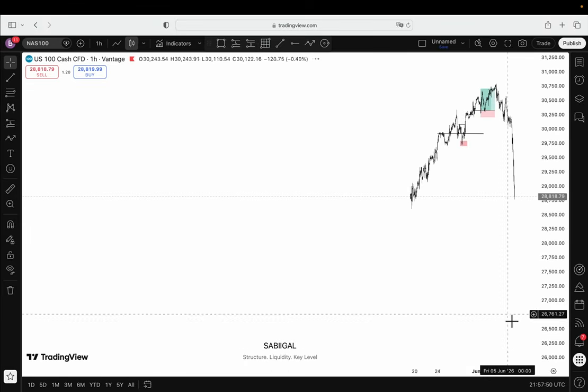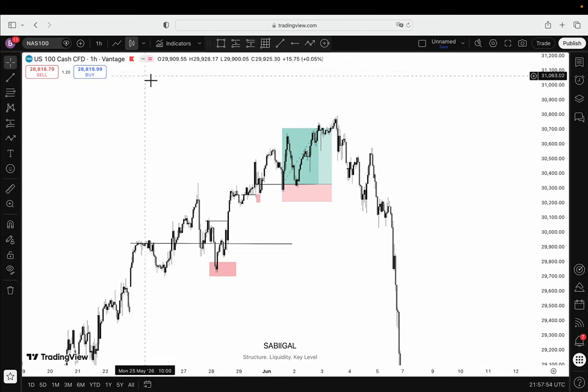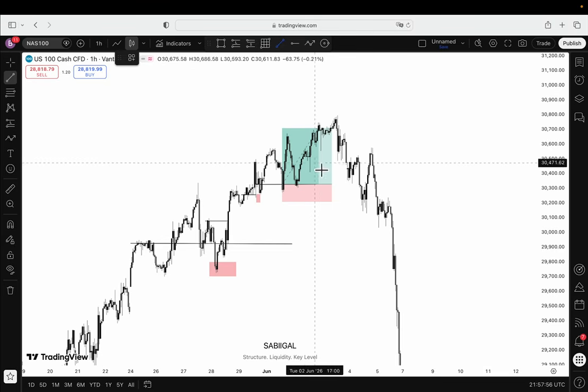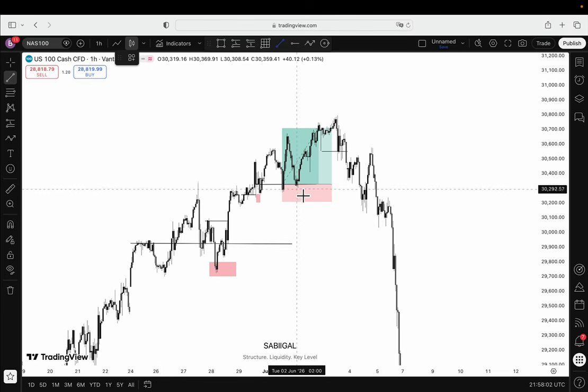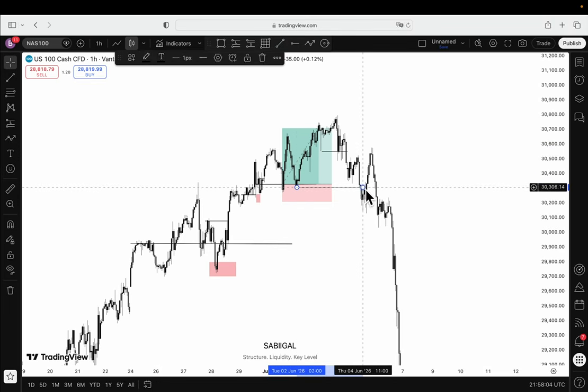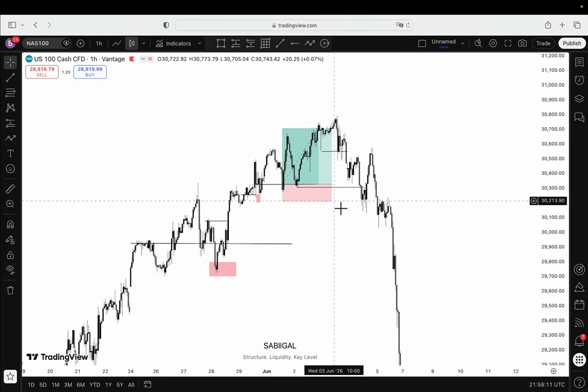I told you when I went to the 1 hour time frame, I realized that this right here is my inducement, and this right here is my disruption that has been taken out, which also validates the sell I took from here. So we are still on the same page. You don't learn a new thing and forget the old one.